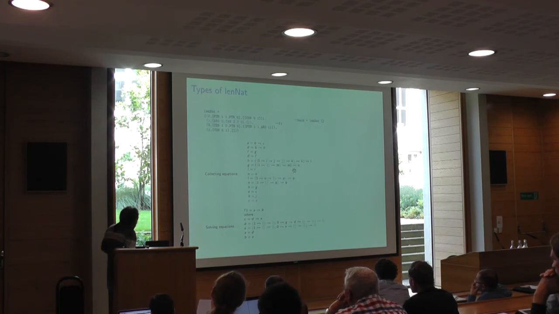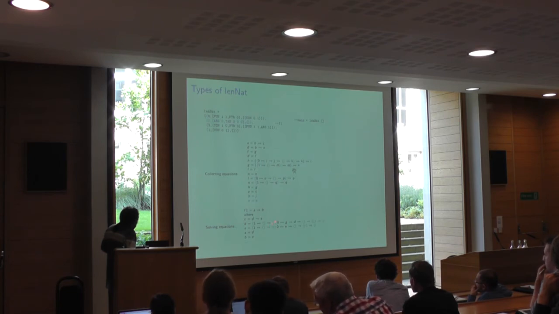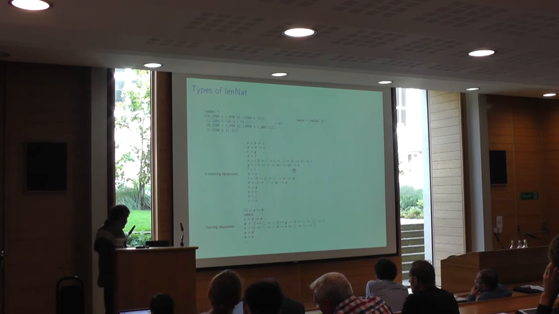For example, P is polymorphic. I'm sorry, this is the recursive variable, and this is the polymorphic variable. And these target variables are just locally quantified. So this is our way to hide this information.